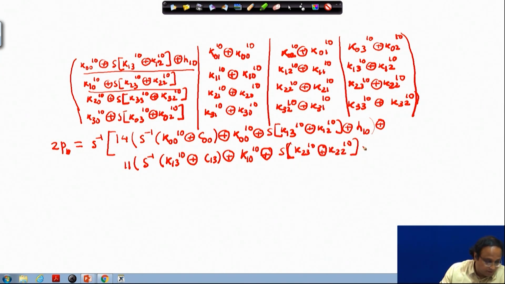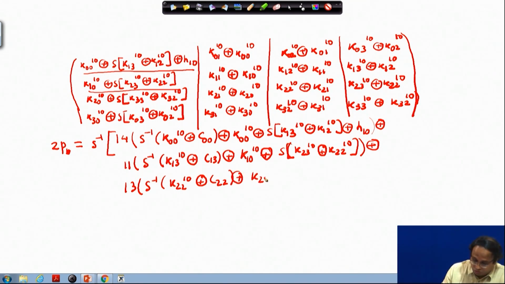And this XORed with similarly 13 times S inverse of K22 10 XORed with C22 XORed with K20 10 XORed with S times K33 10 XORed with K32 10.